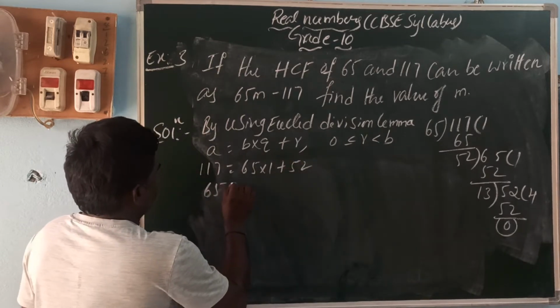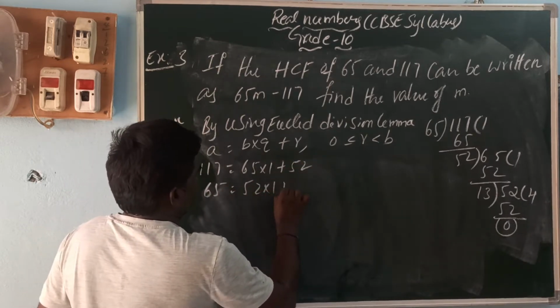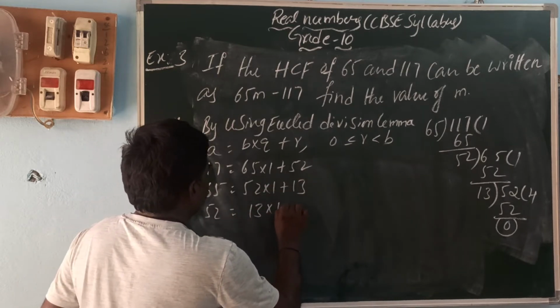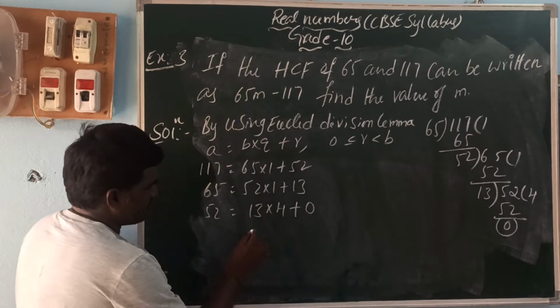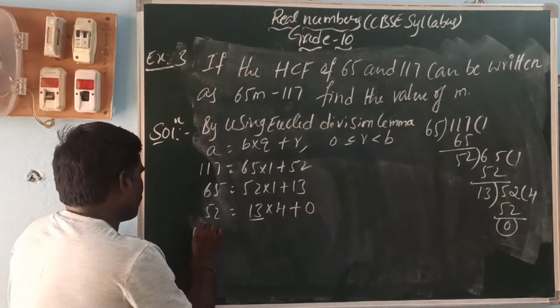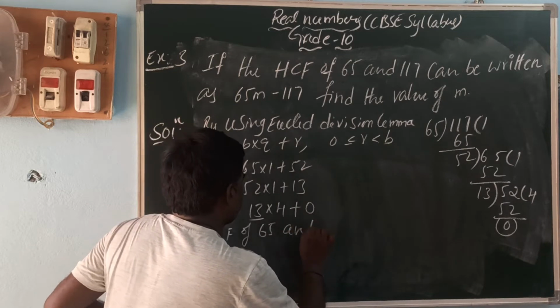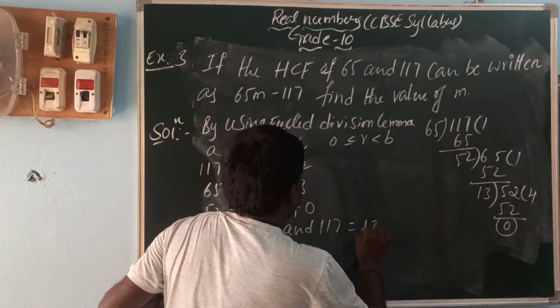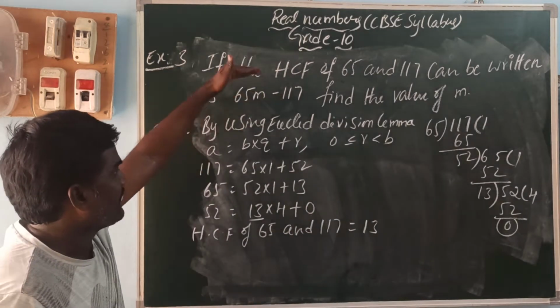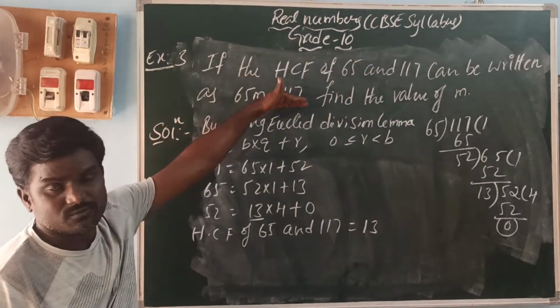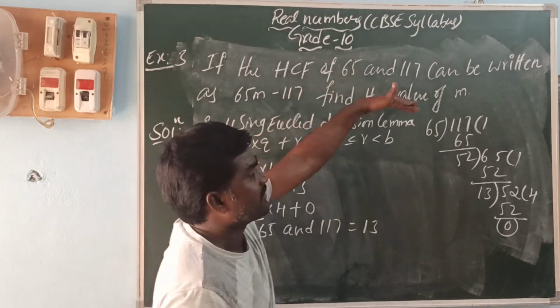Next, 65 is equal to 52 into 1 plus 13. Next, 52 is equal to 13 into 4 plus 0. Where do we get the remainder 0? At the divisor 13. So the H.c.f. of 65 and 117 is 13. But in the problem they have given that the H.c.f. of 65 and 117 is 65m minus 117. They are asking us to find the value of m.